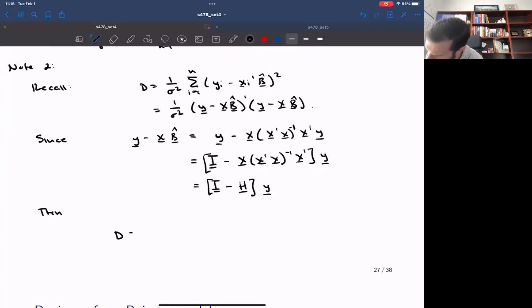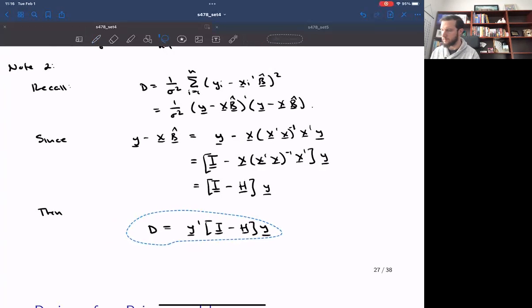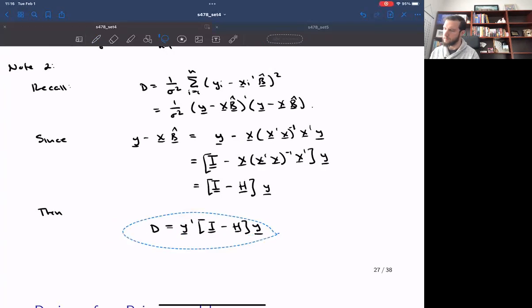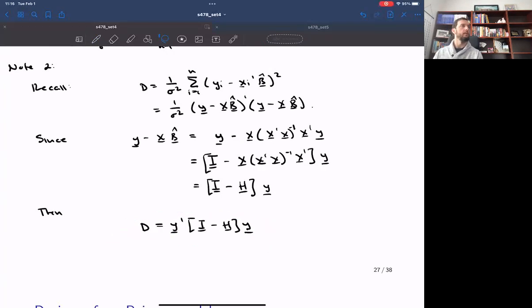Then D is equal to Y bar transpose (I minus H) Y. And this is distributed chi-square n minus p.